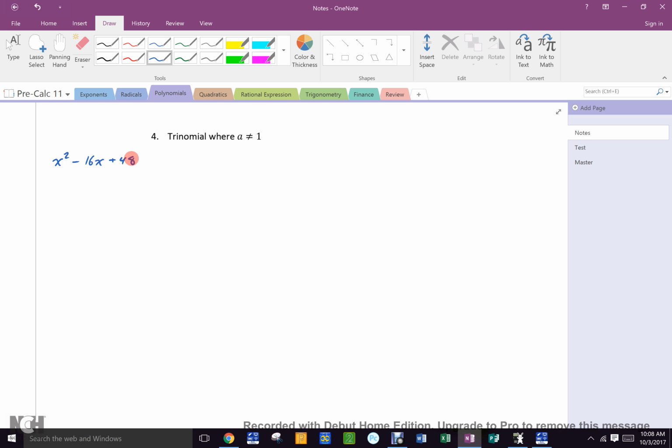What is that factored? I need numbers that multiply to what and add to what? Multiply to 48 and add to negative 16. What are they? Yep, x minus 4, x minus 12. Everybody remembers that, yes? Okay.